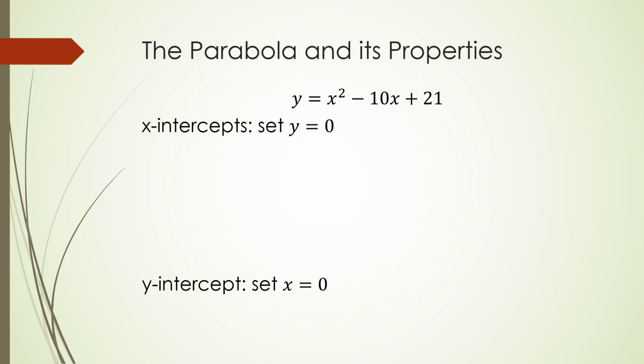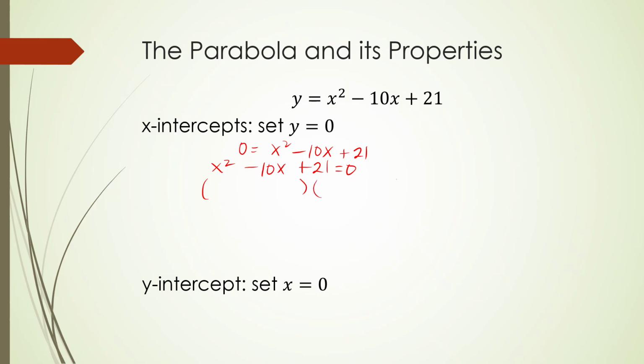Next part, we have to find the x and y intercepts. For the x-intercept, we have to set y equal to 0. So we can write this as 0 is equal to x squared minus 10x plus 21. Or you can interchange it like this: x squared minus 10x plus 21 equals 0. Then, find the factors of this one.